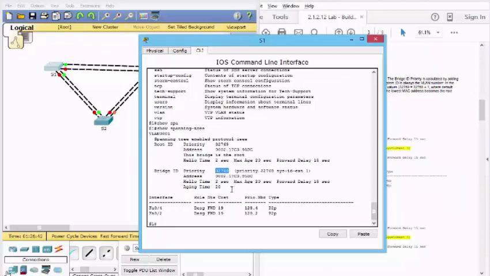This is the root bridge. The priority is 32769.